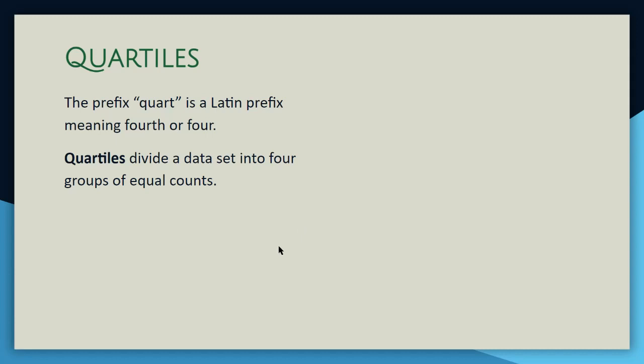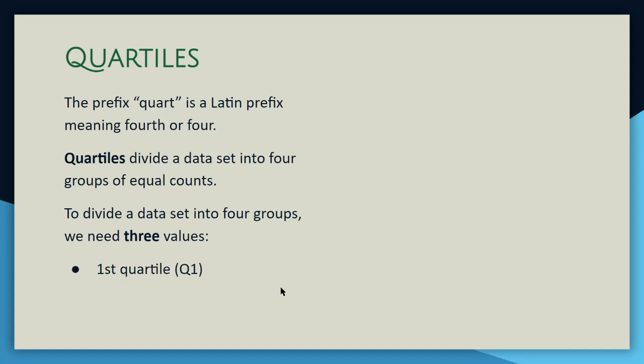Specifically in statistics, quartiles divide a data set into 4 groups of equal counts, meaning those quartile measures are going to take a data set and divide it into 4 chunks with an approximately equal number of data points in each chunk. To divide something into 4 pieces, we need 3 values.